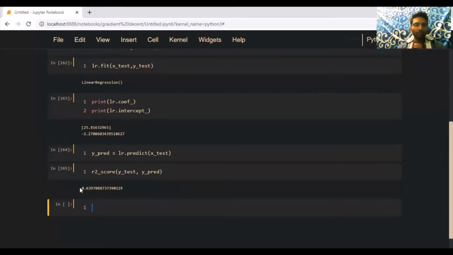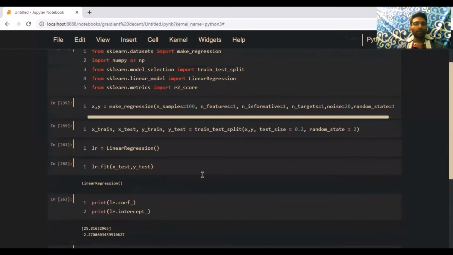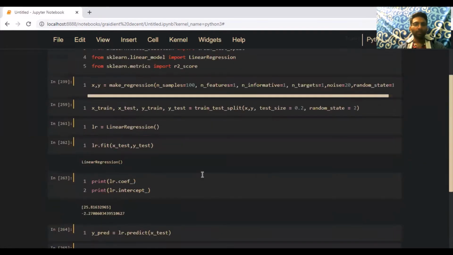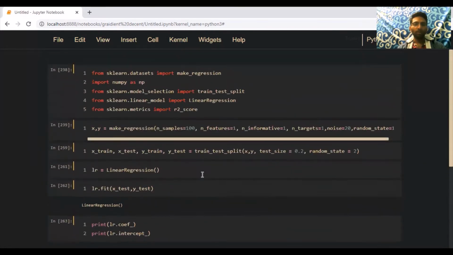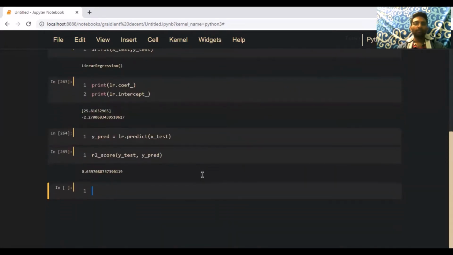We can see 0.6397 something is our R2 score. So guys, this part is done. We have built our LR model. Now let's move towards making our own code from scratch for gradient descent. Okay, so let's start.